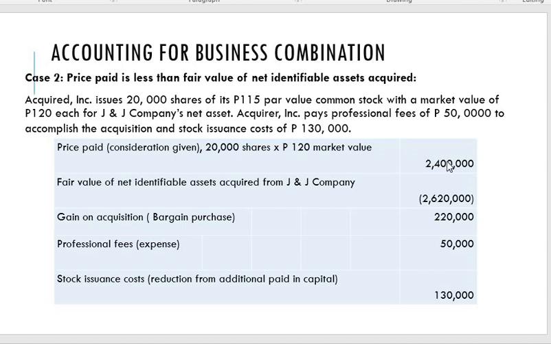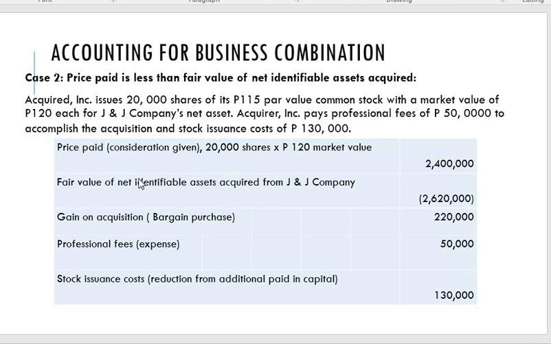Then our fair value of the net identifiable assets is 2,620,000. So our gain on acquisition is 220,000. The professional fees are still an expense. And the 130,000 shall be considered stock issuance cost, a reduction from the paid in capital.